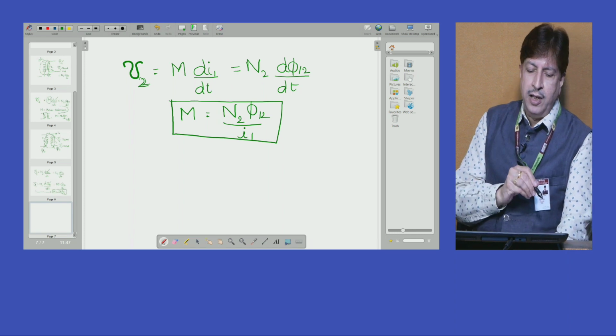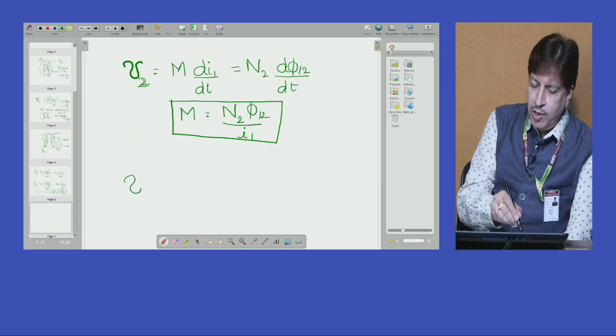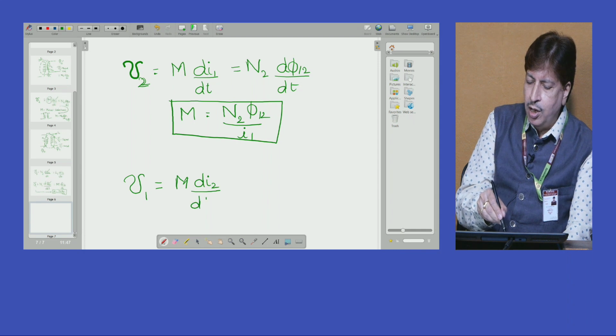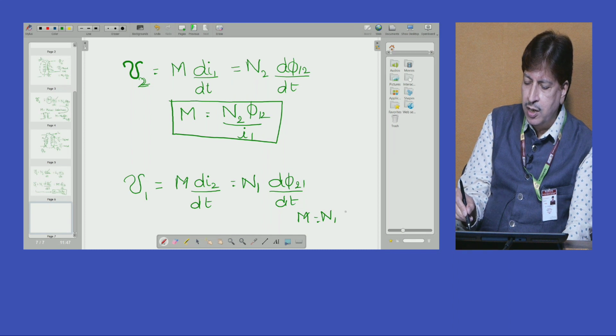In the second case, when we analyzed the coupled circuit, the mutual EMF we got in coil number 1 is M di2 by dt, or this is N1 d phi 21 by dt. Accordingly, M from this is N1 phi 21 by I2.